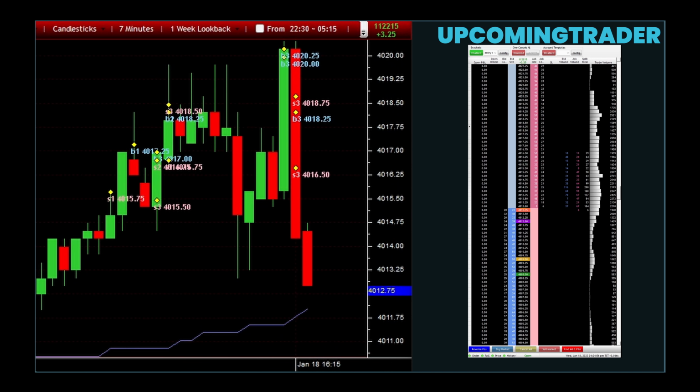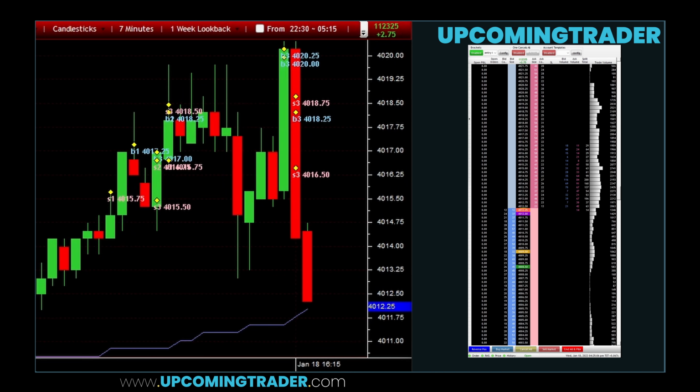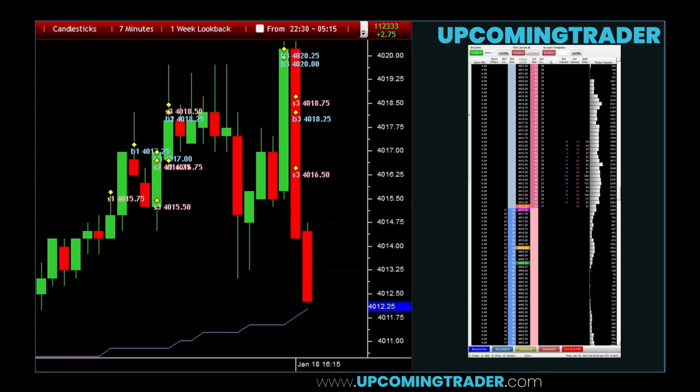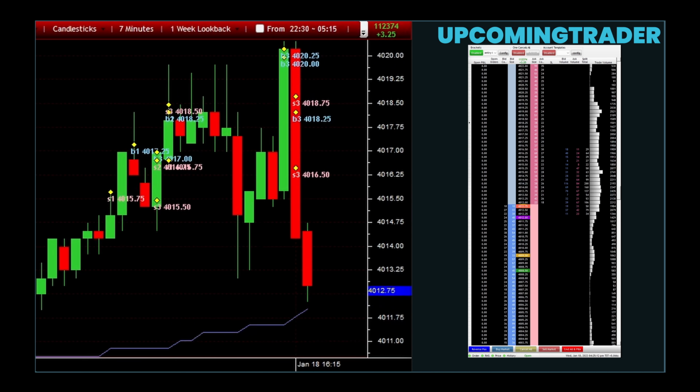Now, how do we spot these reversals with volume? Here is something to watch for: a divergence between price and volume. Imagine the price keeps rising, but the volume is falling. What does that mean? It means there are fewer traders behind the move, and this usually means that the trend is running out of steam.